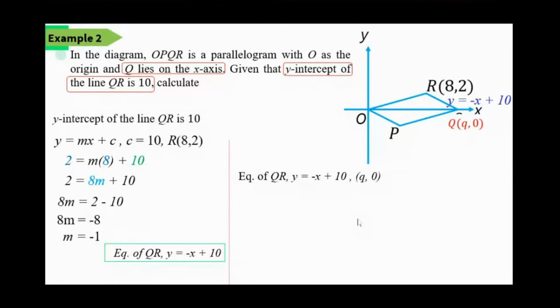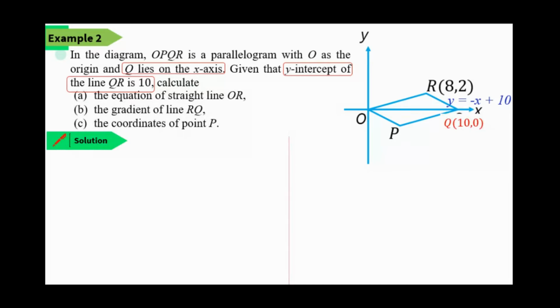Here's 0 equal to negative q plus 10. Then q equal to 10. Lastly, we get the coordinate of Q, (10, 0). Please do remember to label the finding in the diagram.